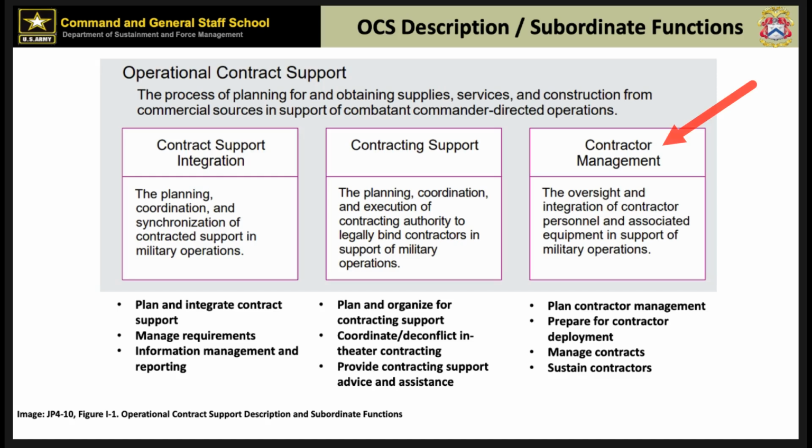Most of this lesson focuses on contractor management, but we will talk about some aspects of the other subordinate functions depicted here. Take note that except for contracting support, these tasks are performed by the requiring activity, not the supporting contracting organizations.